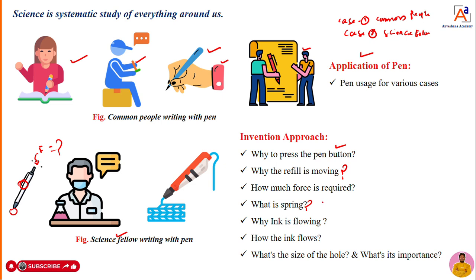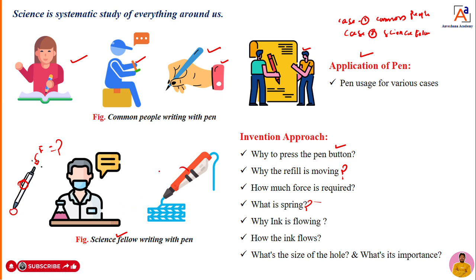What is the reason behind expansion and compression? If it is compressed, what type of energy is stored? These questions will be asked by the science fellow himself. He will not simply use the pen. He wants to know the reason behind the things happening here.